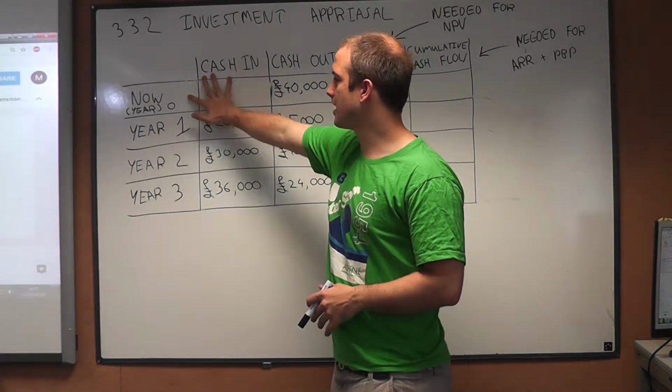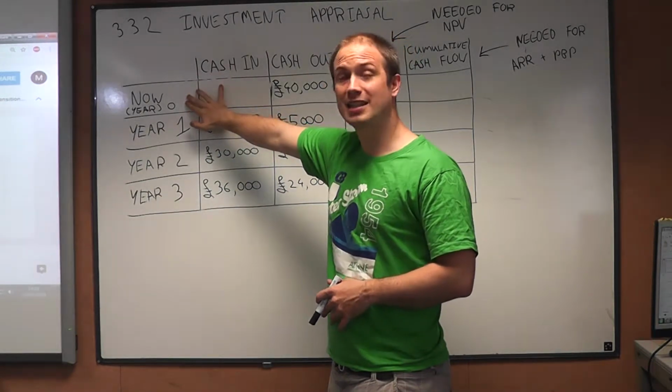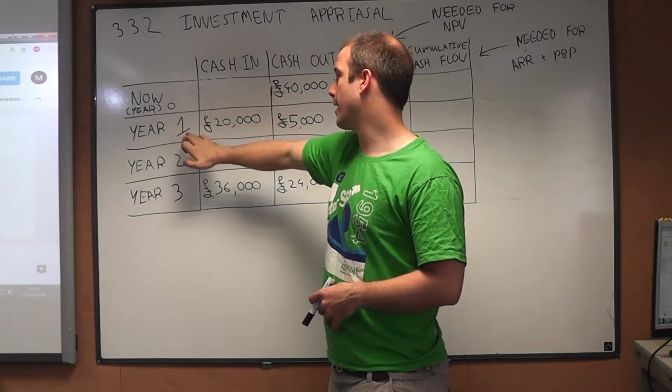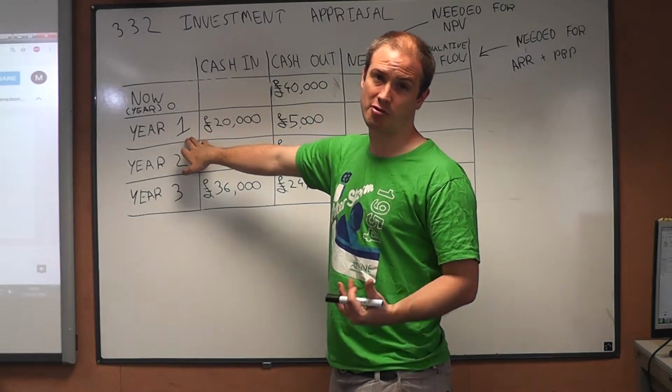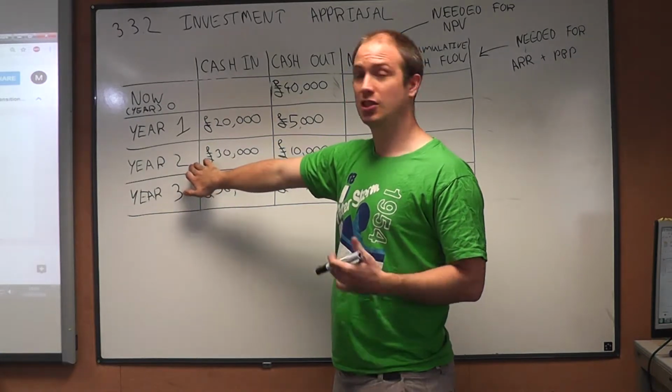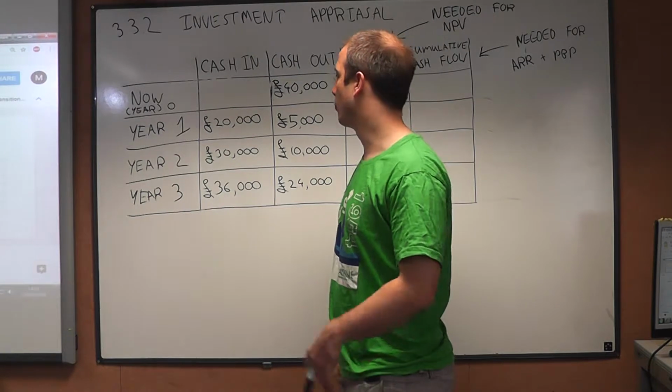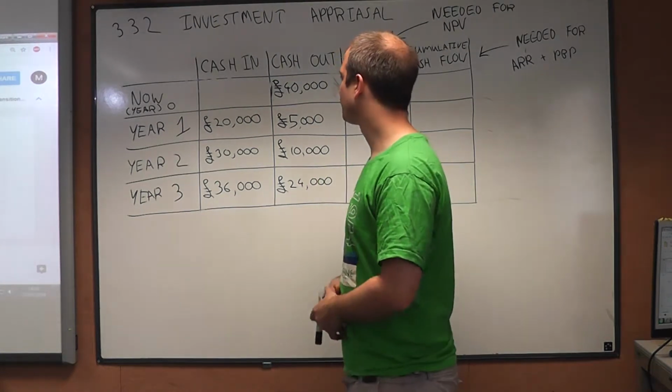So year now, or year zero, is now. No time has passed, so we often call that year zero. Then this would be in a year's time, so after a year, year one, after 2 years, year two, and year three, and so on, for however long the project is.